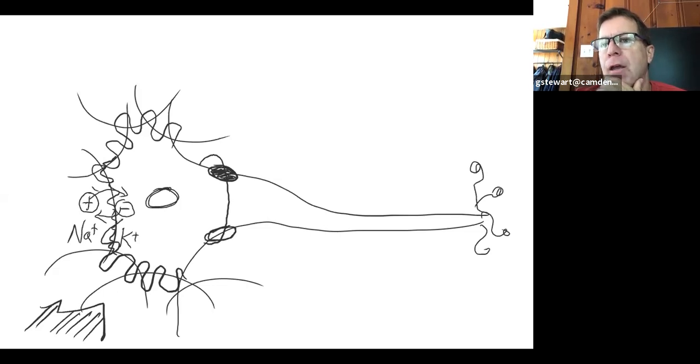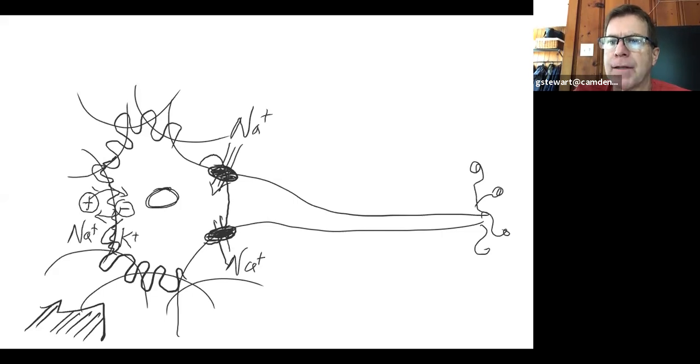It's like cracking open a dam that's dammed up a bunch of water. And what happens is sodium ions gush into the cell. This is the act of generating an action potential.